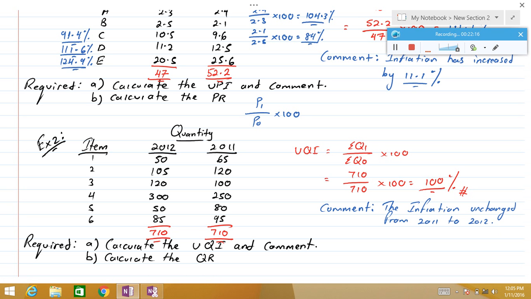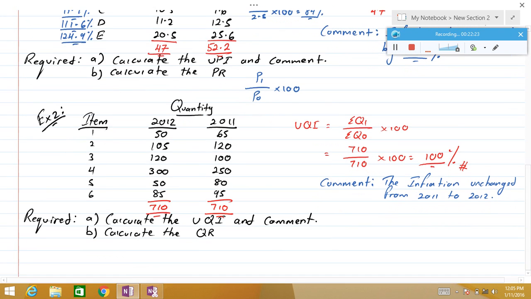And how about the B? Anyone have done the B? So that's the formula Q1 over Q0 times 100.